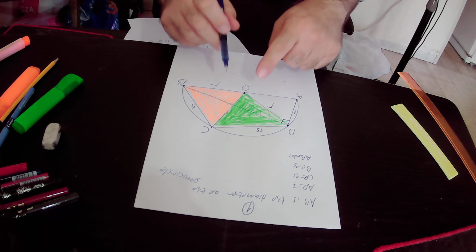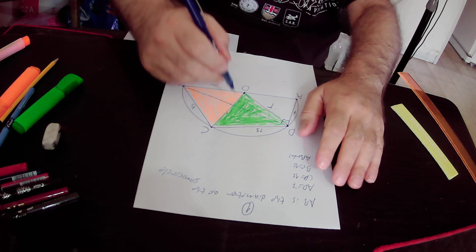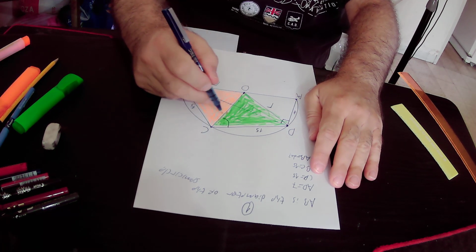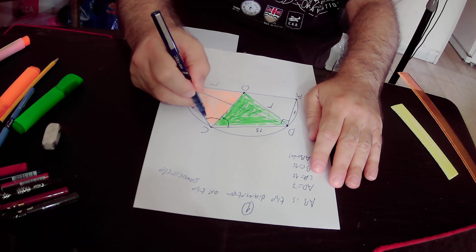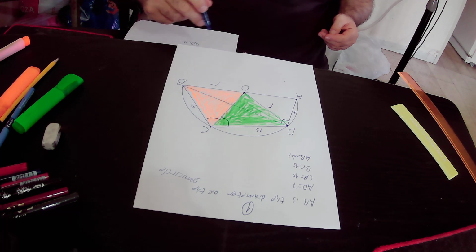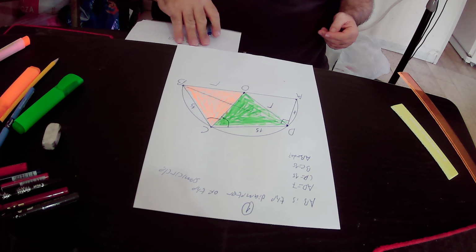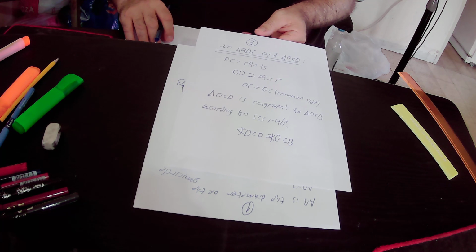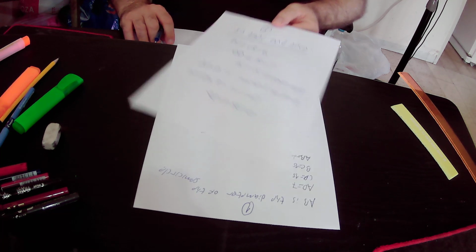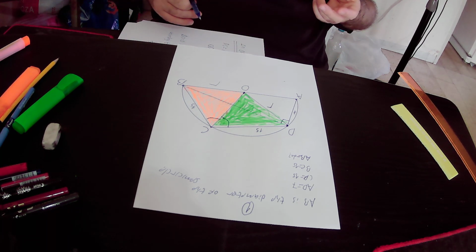So from the fact that those two triangles are congruent to each other, we can deduce that angle OCD is equal to angle OCB, according to the rule that states that corresponding angles in congruent triangles are equal to each other.